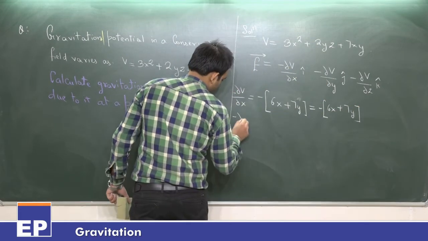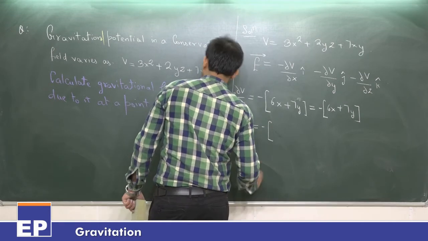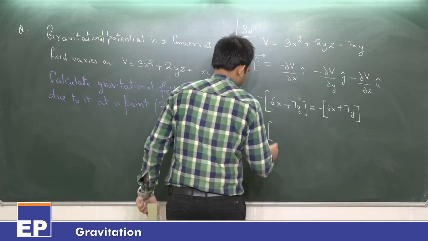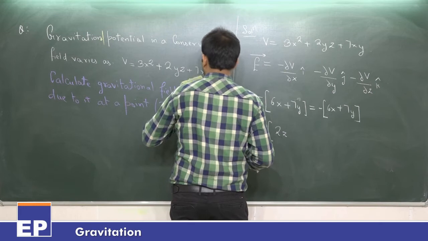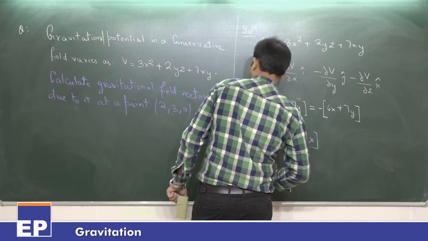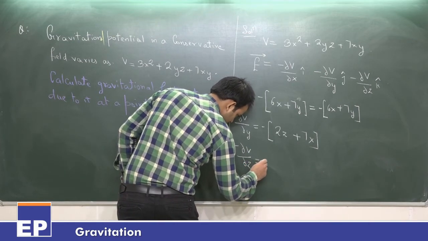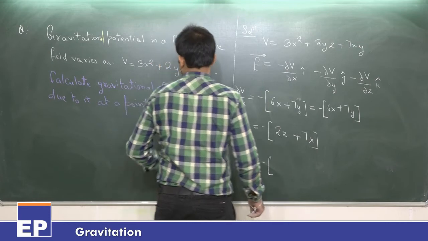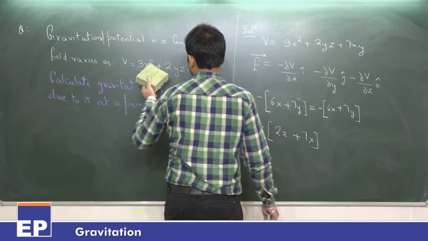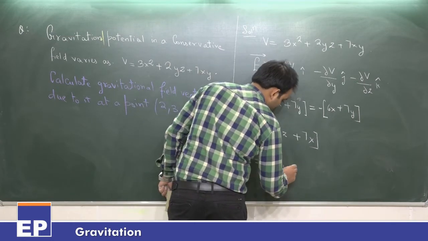What is minus del V by del y? With respect to y, this is 0, and this will become 2z, and this will become, x is constant, 7x. With respect to z, it will become 0, it will become 2y, and this will become constant, is 0, so this will become 2y, and with respect to z, it will become also 0.